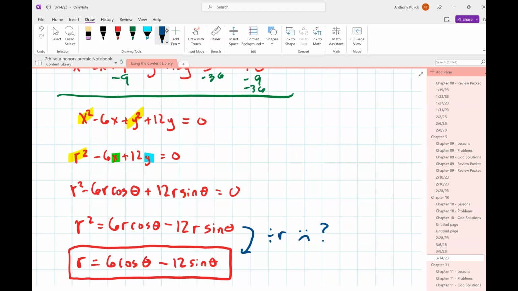When we divide by a variable, we know that can get us into trouble. Why is that? Because the variable could be 0. Now let's go back and think. In a polar coordinate, what is an r value? What does r represent? It's the distance of the point from the origin. So if we have something where r is always 0, what's that going to look like? Just the point 0, 0, right? It's all you can have.